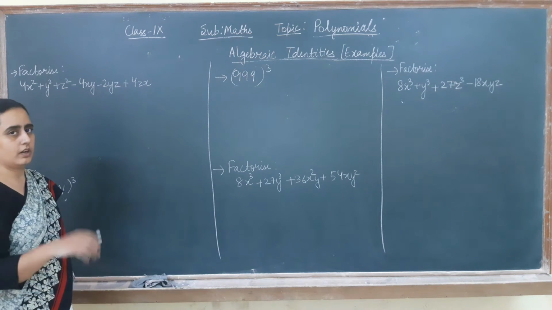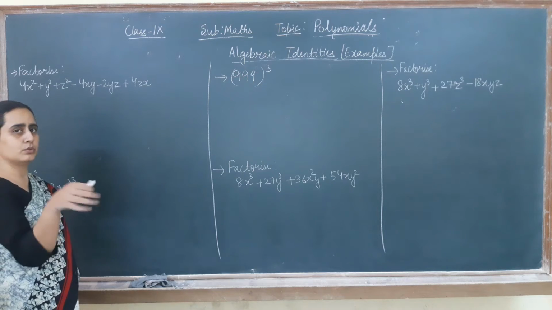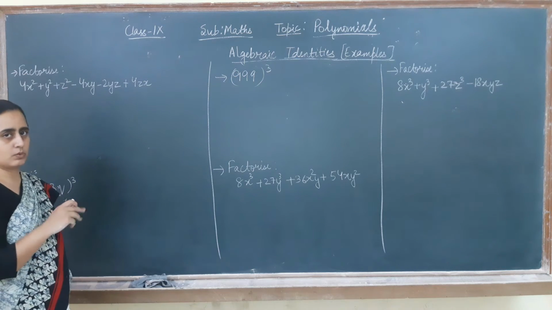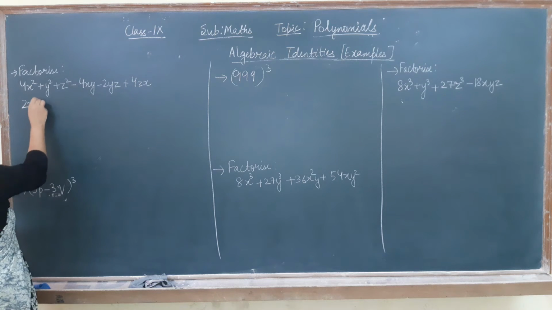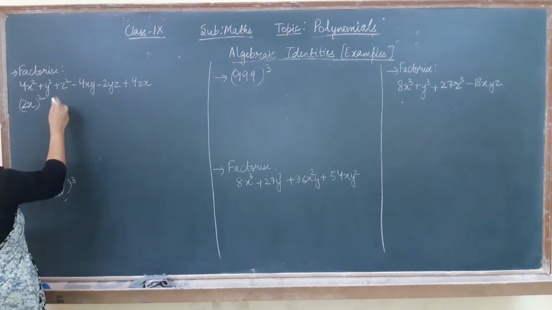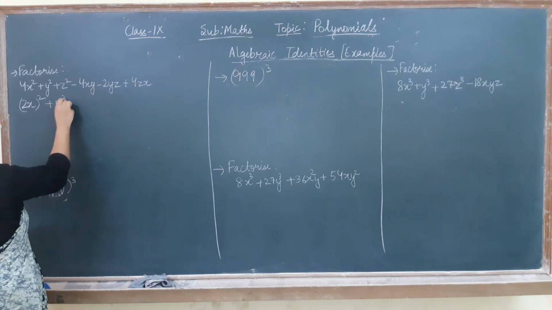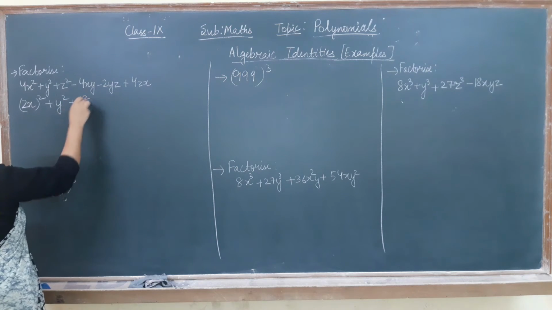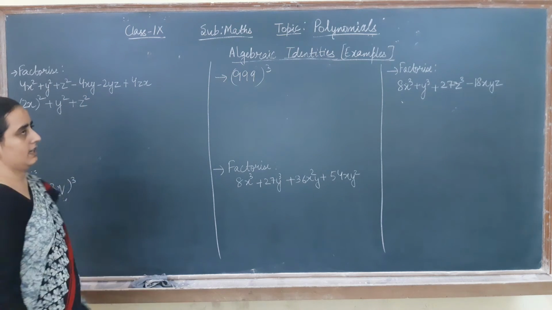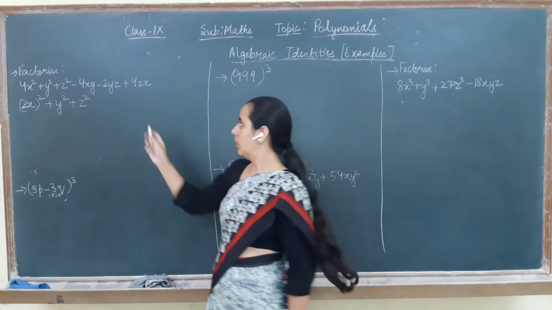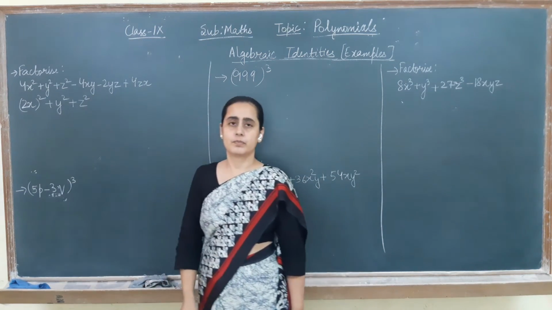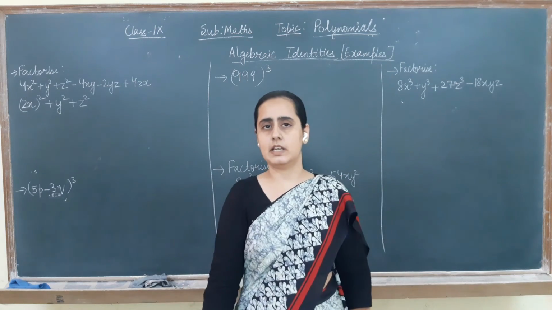So we will try to convert this form to x plus y plus z whole square form. So how do we do it? It will become 2x whole square because that says x square plus y square plus z square. Now out of x, y and z, one term is going to be negative because I am getting negative here. But how do I know which term is negative?